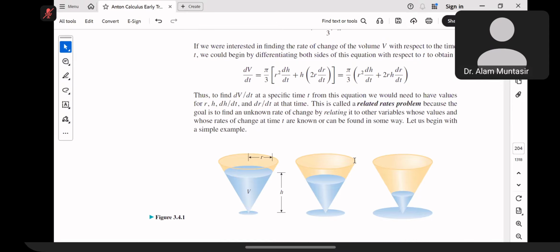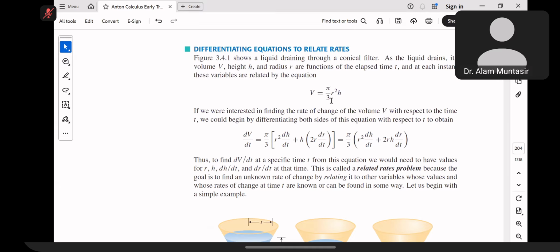That's why if you apply dV/dt on the left side, then you must apply the product rule on the right hand side with respect to time t. Do you understand?